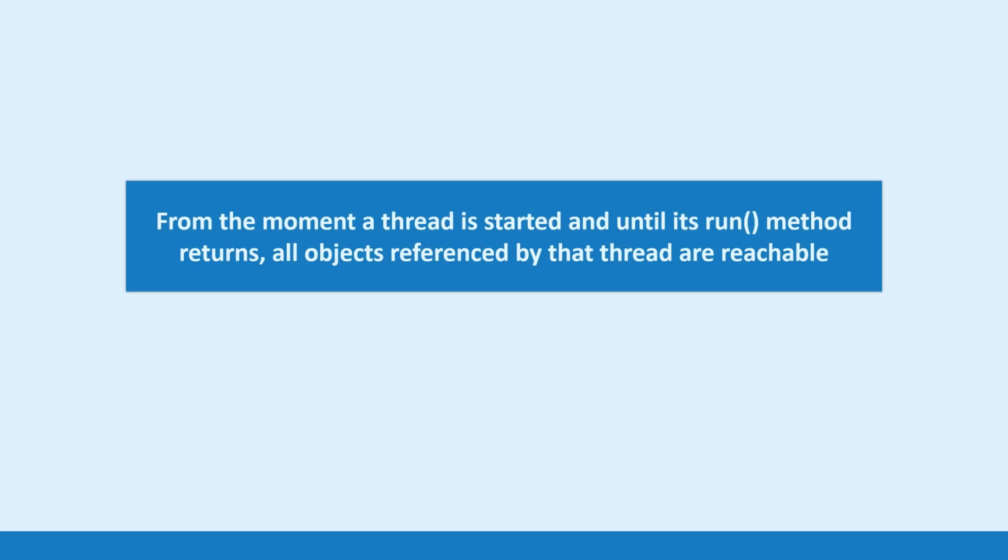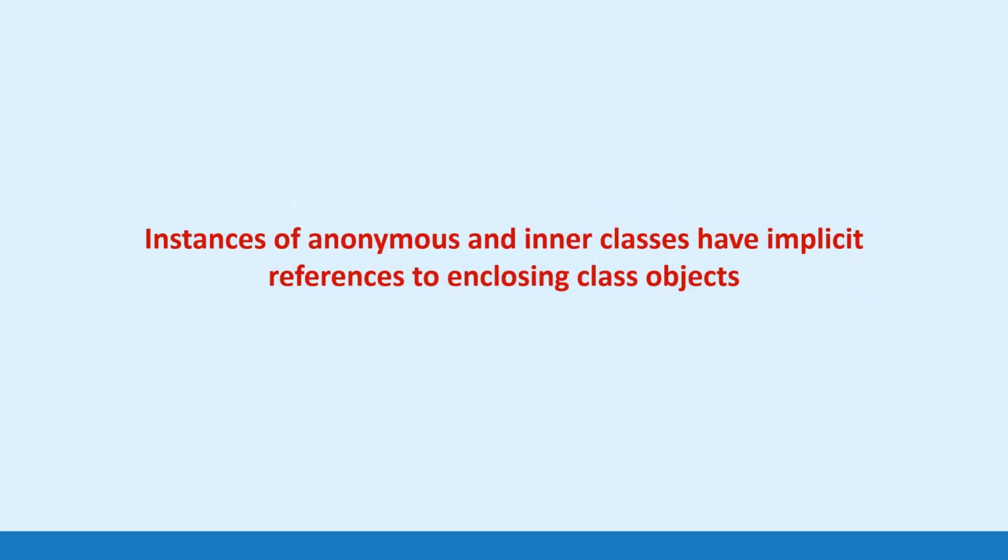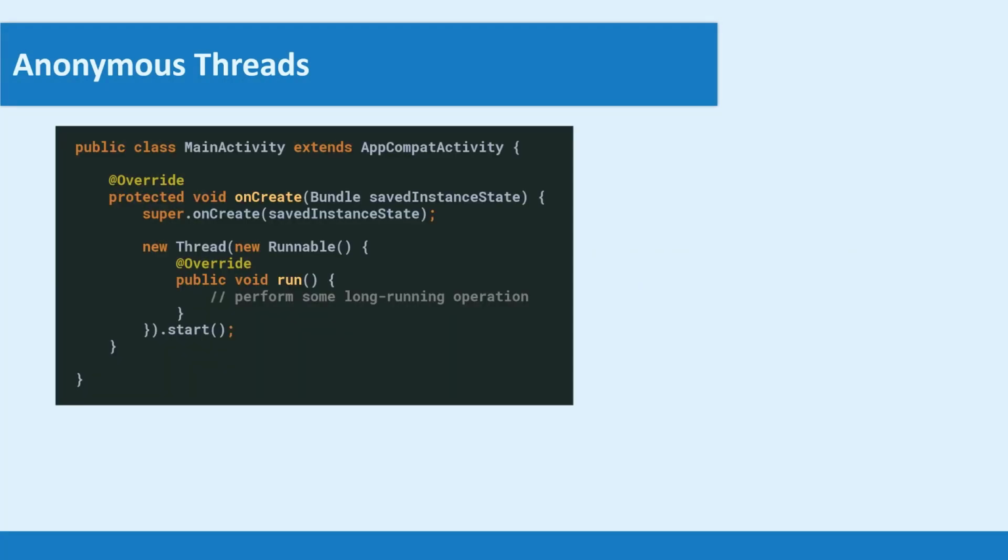And two very special kind of references that you need to be aware of if you want to write high quality Android applications that don't have memory leaks are references from anonymous and inner classes to their parent objects. So basically, if we have anonymous thread, which is thread that isn't given a name, it's just instantiated and started, this thread will have implicit reference to the enclosing instance of main activity. And it's not something special to threads.